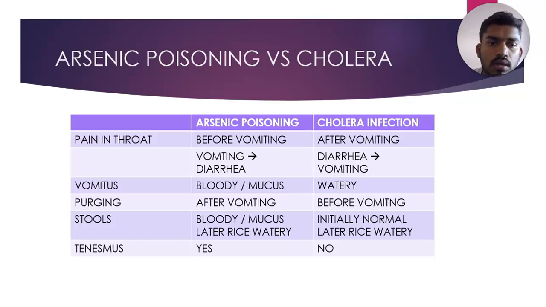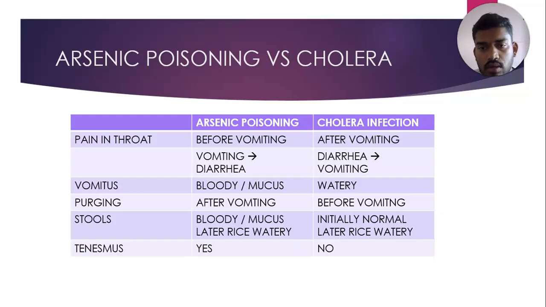Purging is after vomiting in arsenic poisoning, but as we said, diarrhea and purging occur before your vomiting phase in cholera.